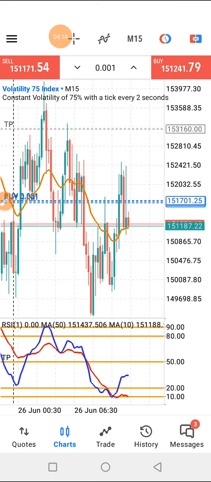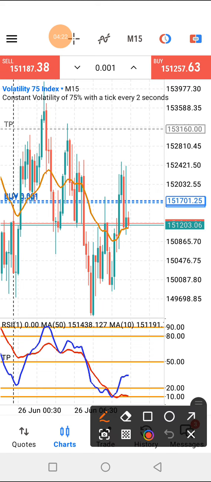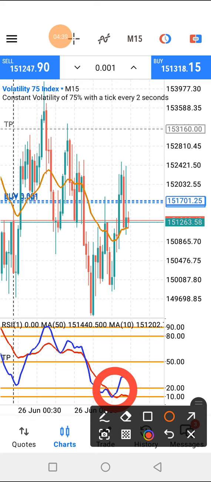The first condition is we want to see price immediately. We have this intersection between this line where we have the blue crossing the red around the level 20 and level 10.